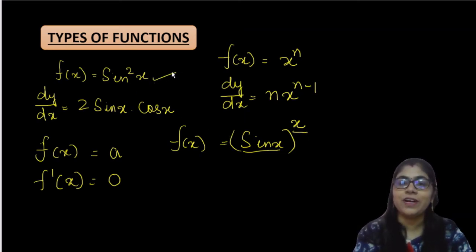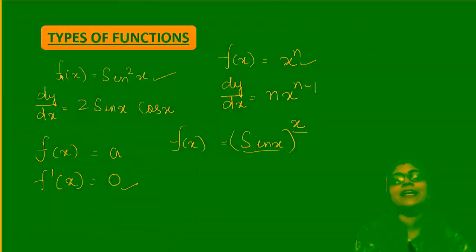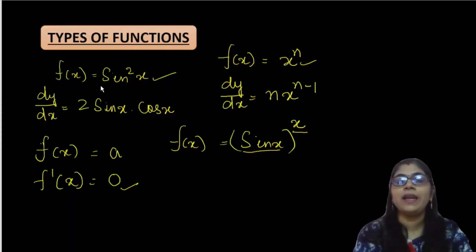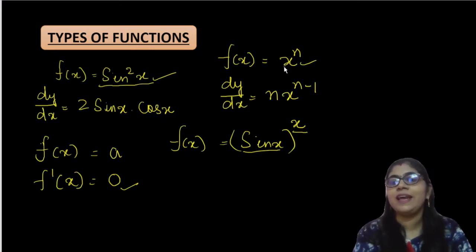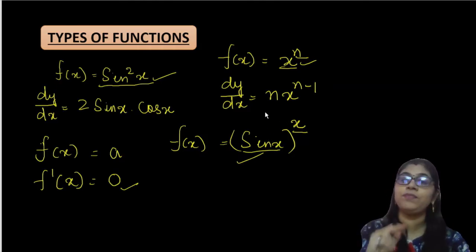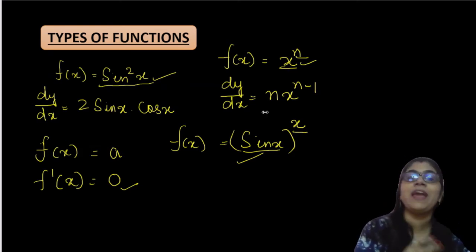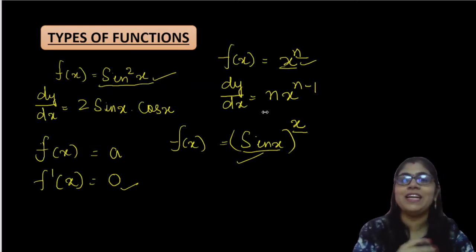In the first, second and third cases, a single function is present, whether it is a constant function, or here sin x is the function and 2 is the power, or here x is the function and n is the power. But in this case, sin x to the power x, we have two functions. So in those cases, we apply logarithmic differentiation.